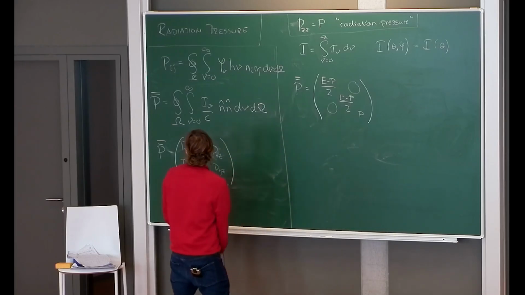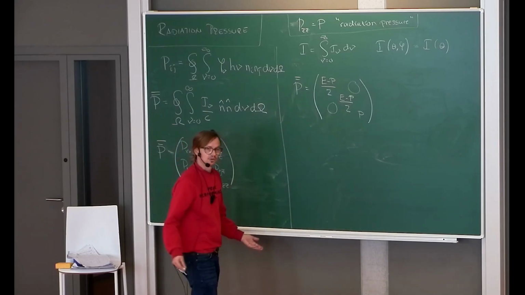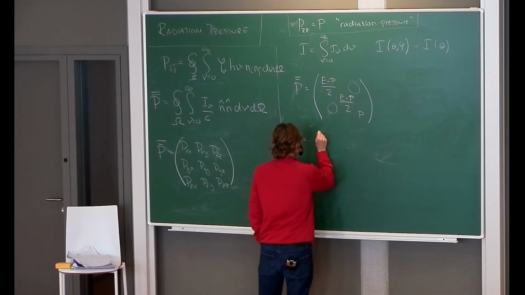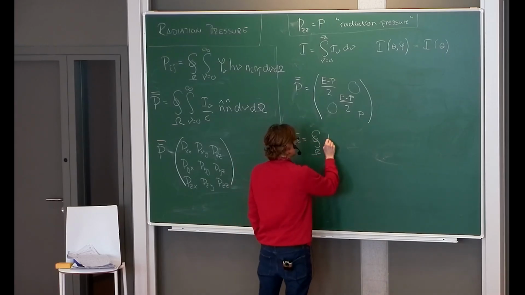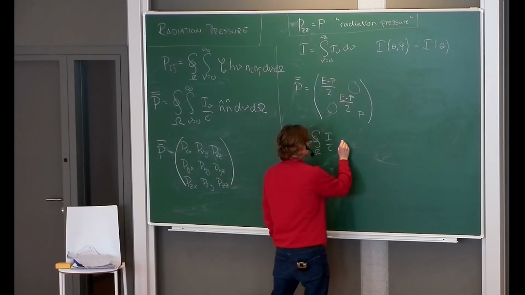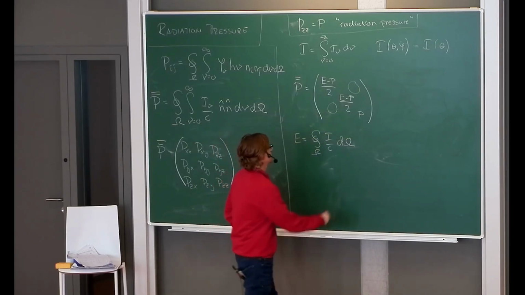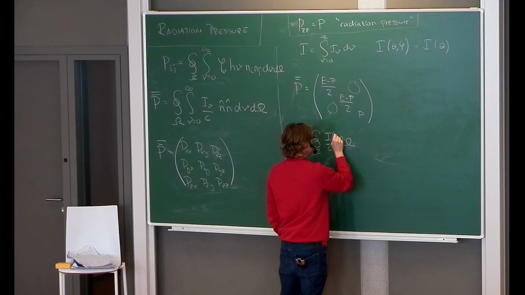Now, the radiation energy density, we know what definition it had. It had this, I divided by c, d omega. We have said that I is only a function of theta, not of phi.